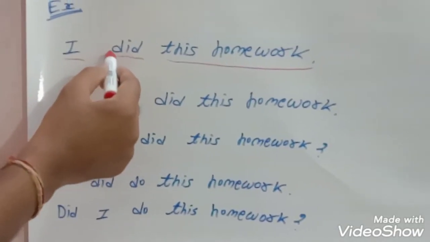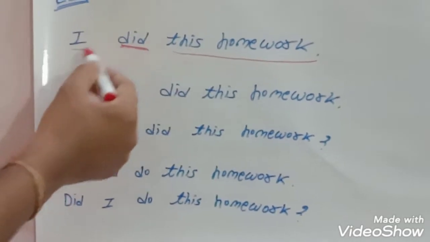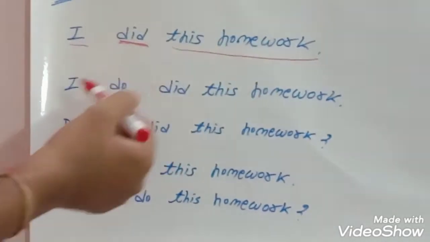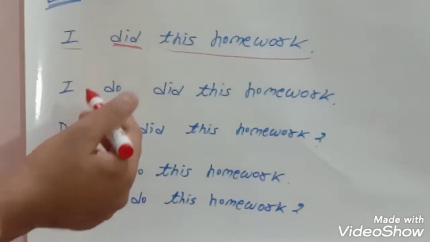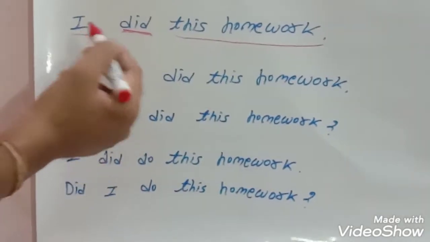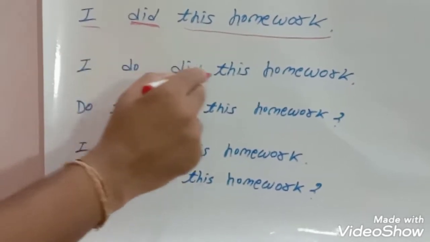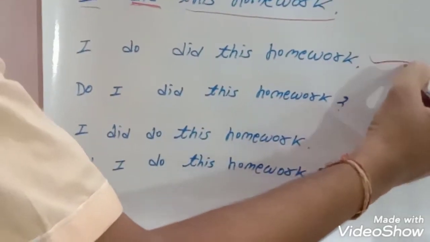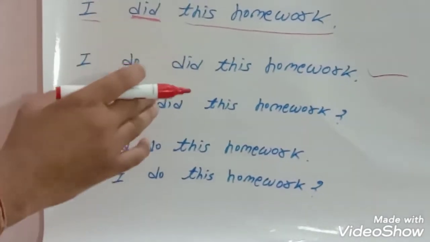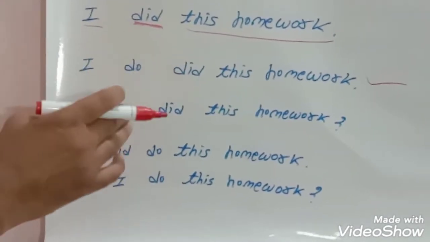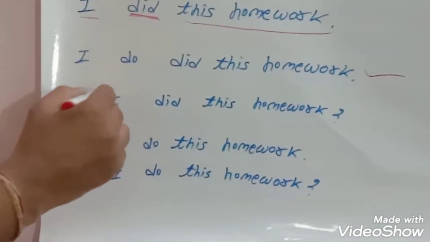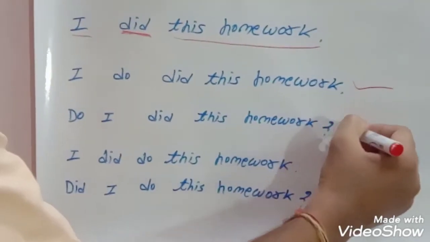Actually, this is the main verb, not the helping verb, and the object is "this homework." As I told you, "do" is the default helping verb. So in this sentence also, "I did this homework," grammatically it is correct. If I convert the same into interrogative, it will become "Do I did this homework."